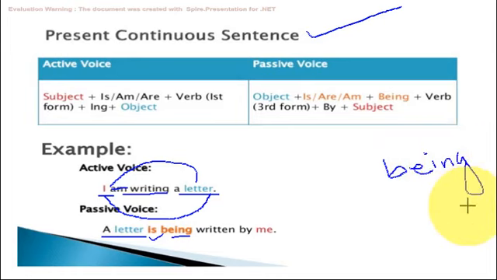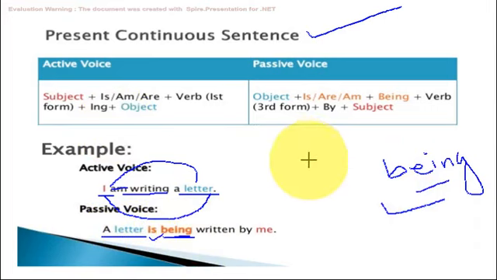See, be becomes being, because in present continuous tense the verb is always taking the ing form, and we are going to remove its ing form and convert the main verb into its third form. So we have to use being in continuous sentences, right? Now a letter is being; we use being here.